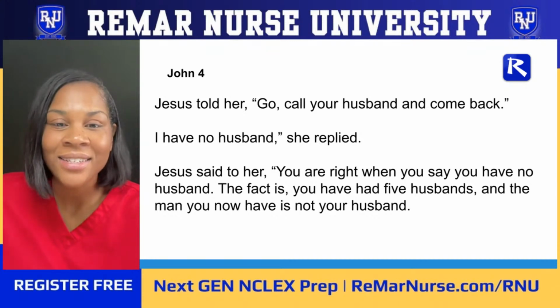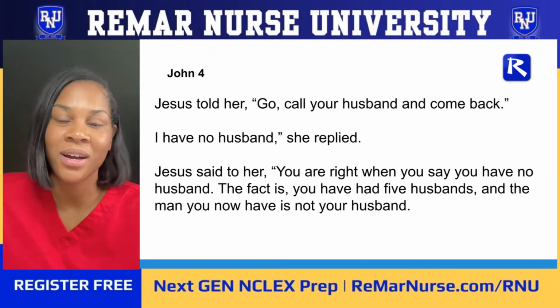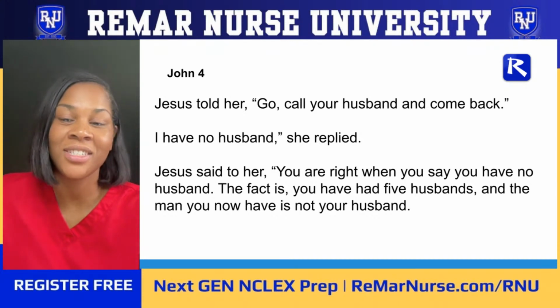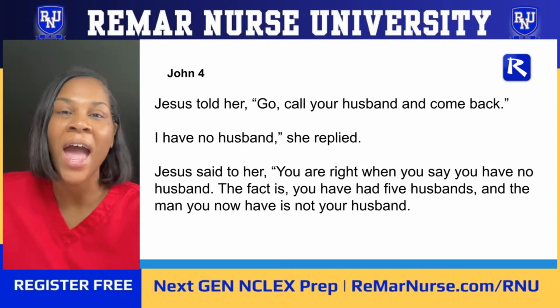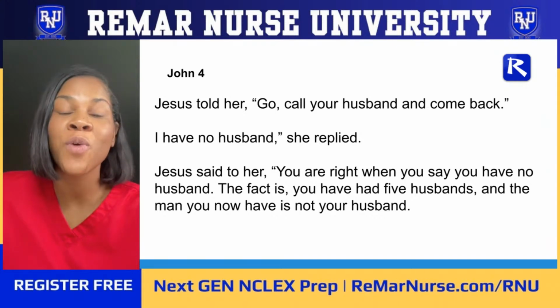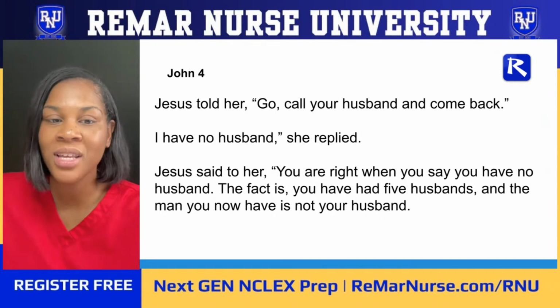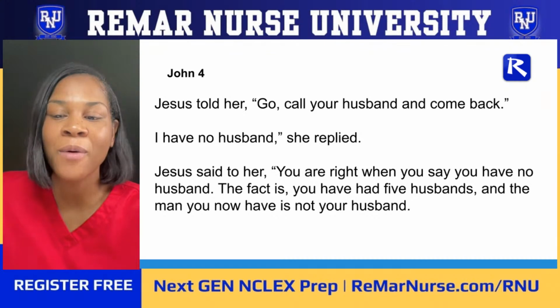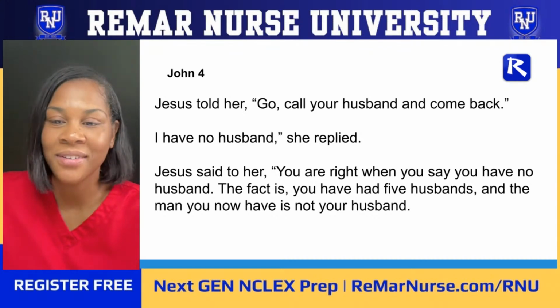And he says, go call your husband and come back. And she says, I have no husband. She says, I have no man. And Jesus says to her, you are right when you say you have no husband. The fact is, you have had 5 husbands, and the man you have now is not your husband.